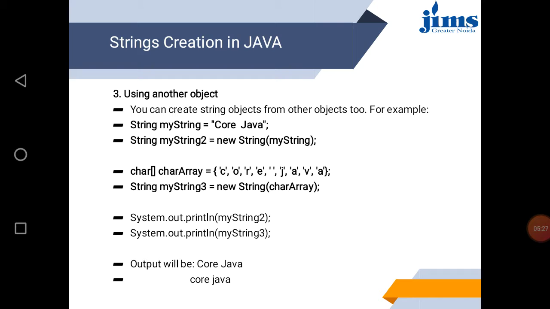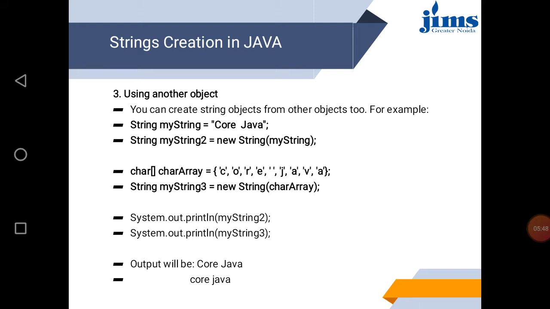The third one is using another object, means you are creating one object with the help of another object. In this case there is one object, Core Java, that is referred by the myString variable.